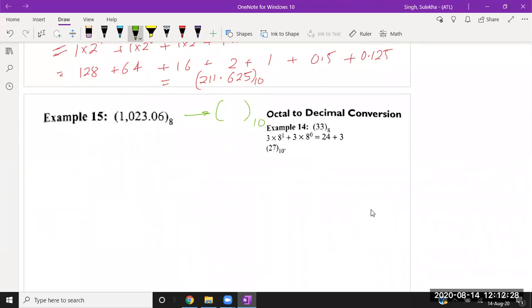Okay, Vamsi is correct. Deepthi, correct. So the answer is 531.0937. Hariom, I think it's correct. Where is your answer? 531. Okay, Hariom, it's correct.